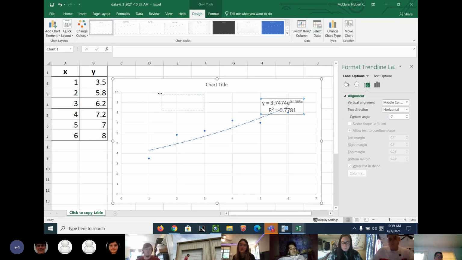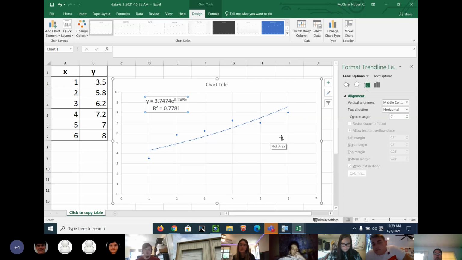What do you get? 0.8821. All right, so we got an R factor of 0.88 with the exponential.